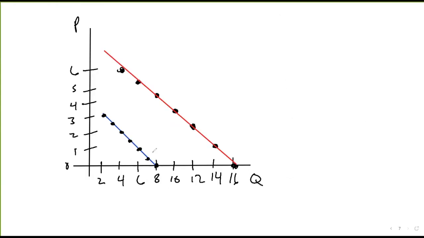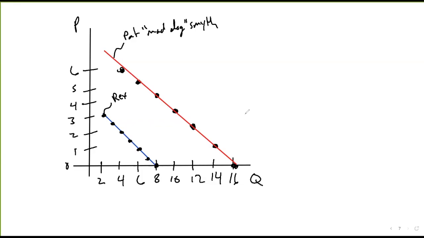Graphically, we can plot both of their demand curves. So in red, we have Pat Mad Dog Smythe, and Rex in blue.